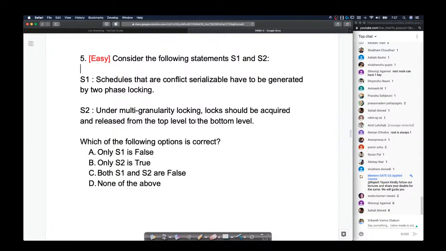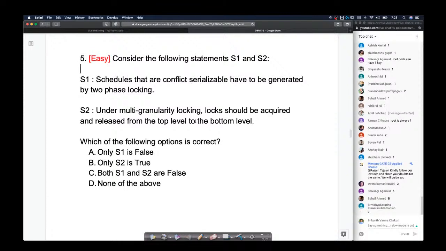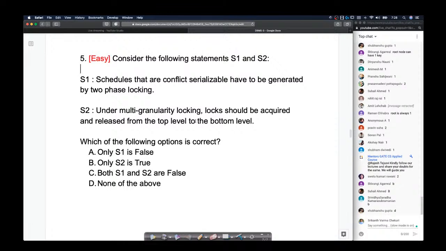Again, please read the options very carefully. I see some of you putting in the answers, your option is incorrect or your answer is incorrect. Just read the options carefully, please.